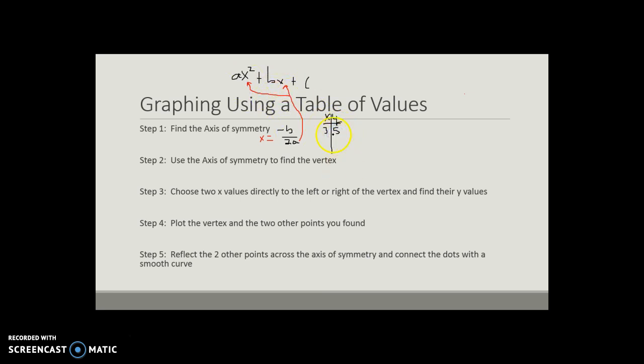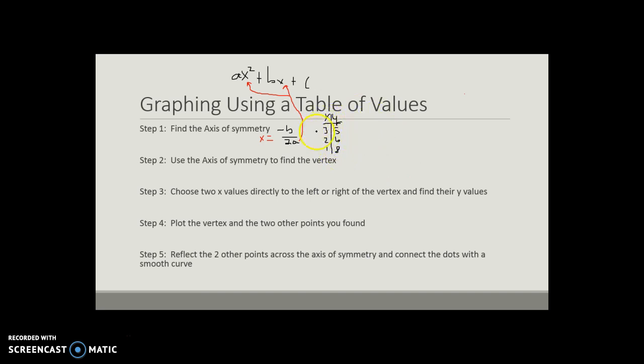Then we're going to pick 2 values to the right or left. I'm going to pick 2 and 1. Both are positive, which is a plus, no pun intended. They're smaller than 3, so that should make it easier when we put it into the quadratic. And we might get like 6 and 8, something like that.